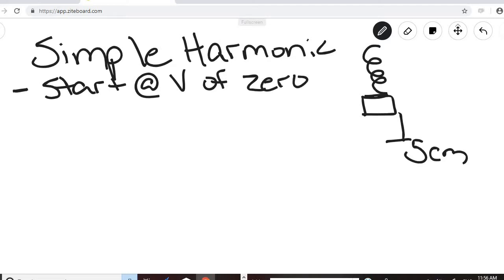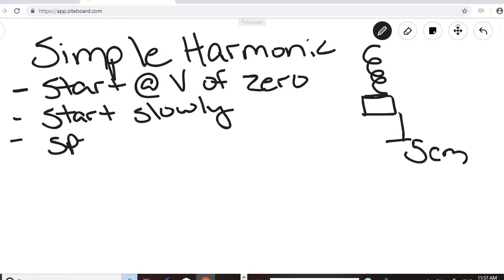But then when I let it go, it's going to start slowly. And then it's going to speed up. And then it's going to pass through its equilibrium point, this point where it is in a resting condition.